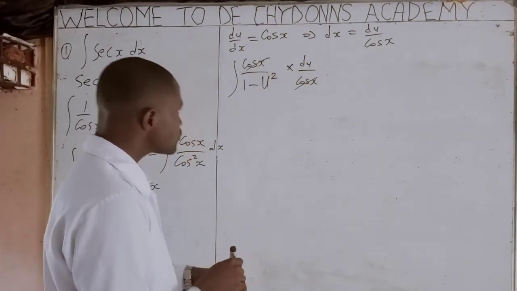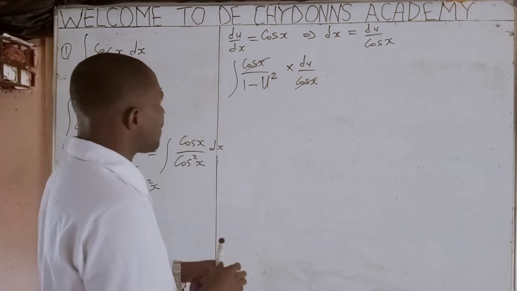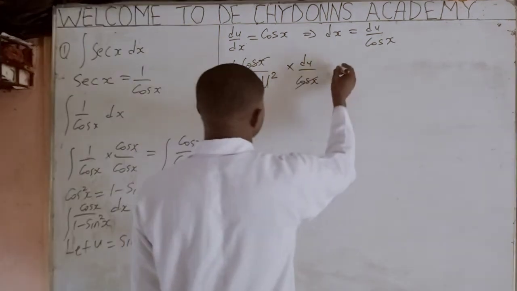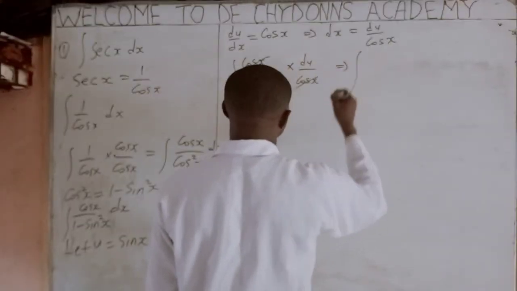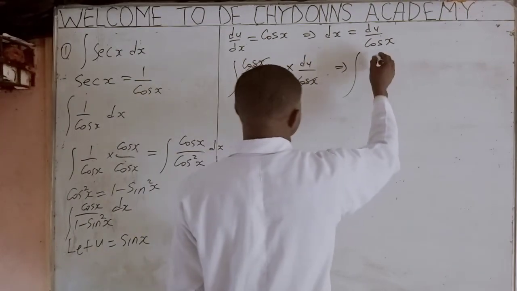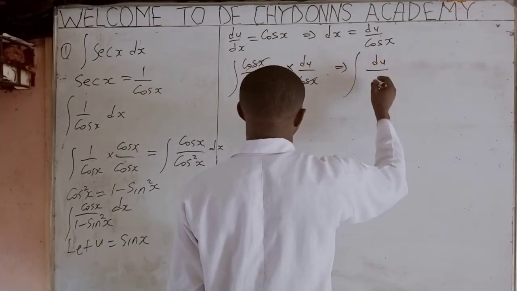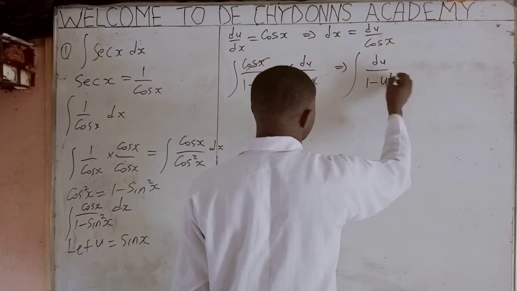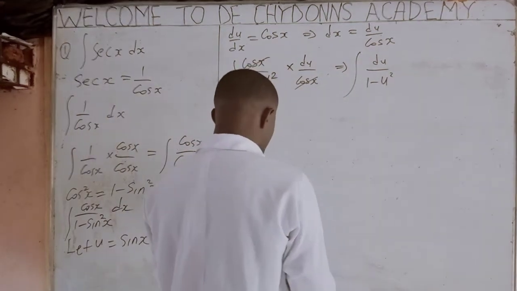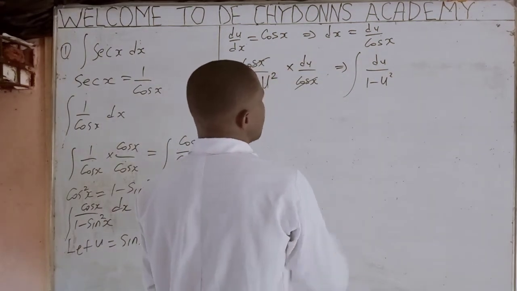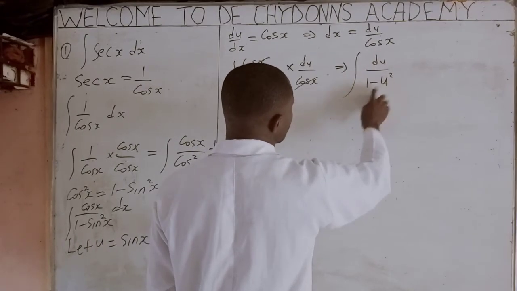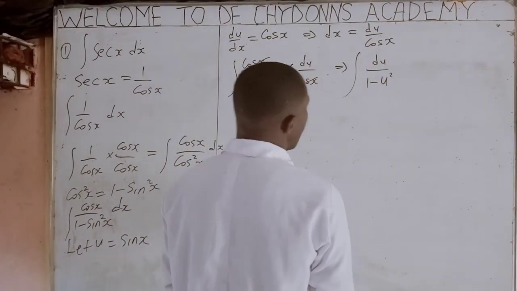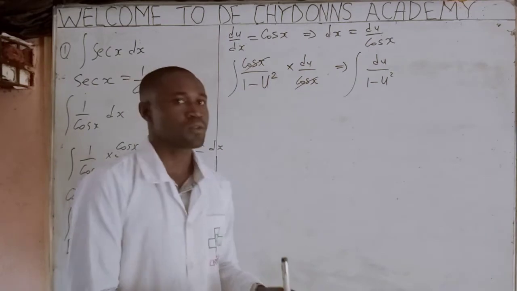Okay? So, what happened now is that this is integrate du all over 1 minus u squared. Then what do we now do?